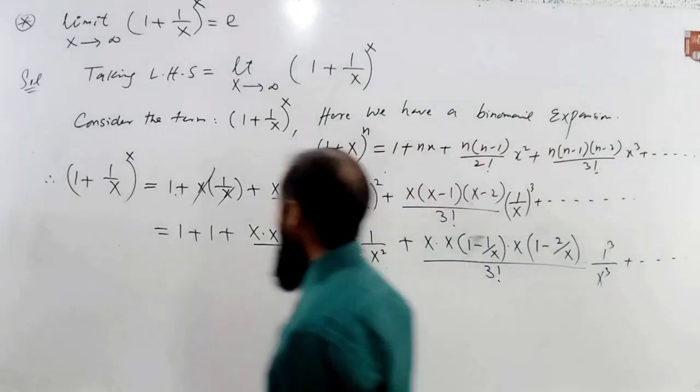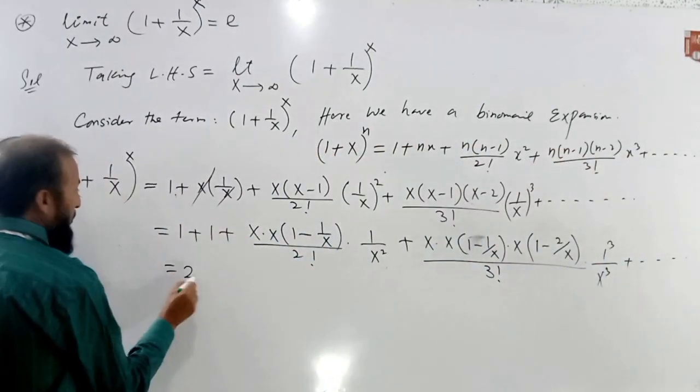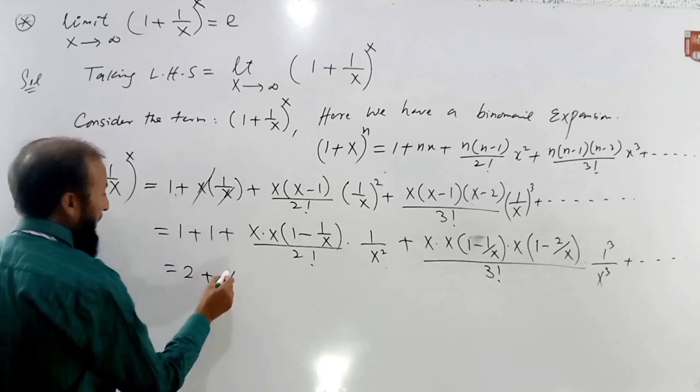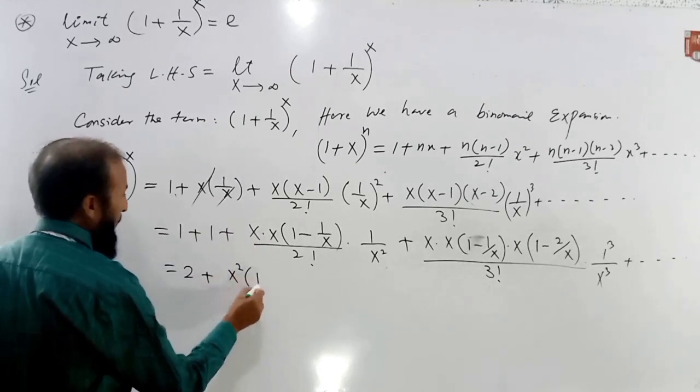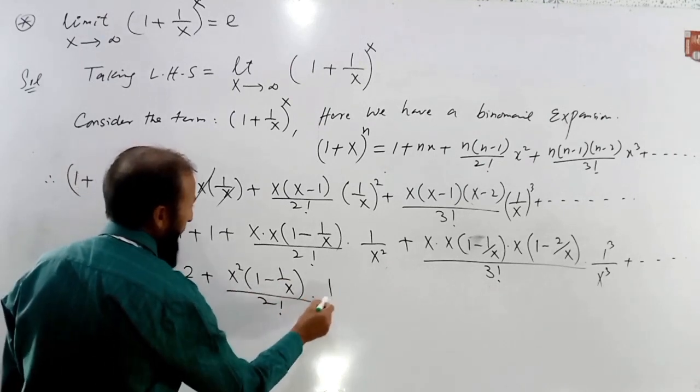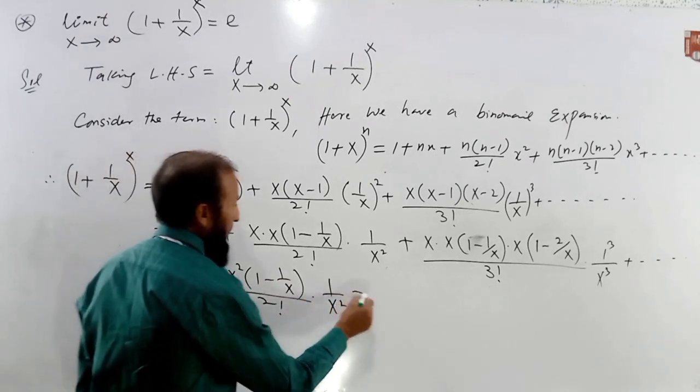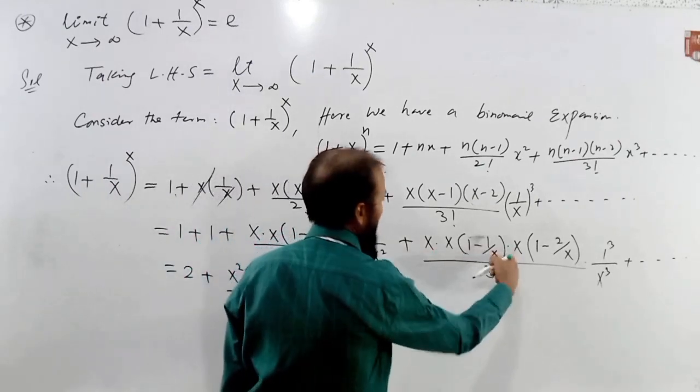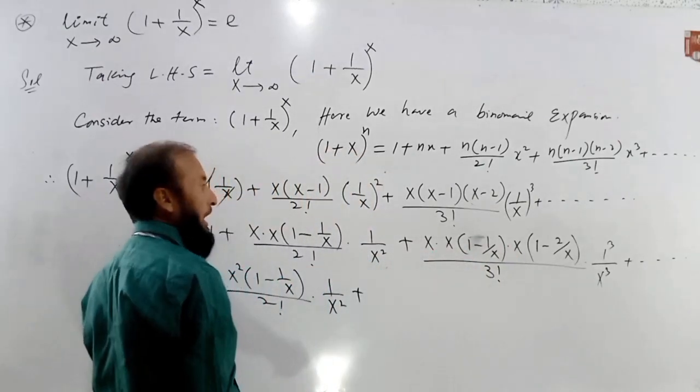Now 1 plus 1 we get 2, 2 plus x multiplied by x, x square into 1 minus 1 by x divided by 2 factorial, 1 divided by x square, plus x multiplied by x multiplied by x, 3 times multiply, so we add the exponent.